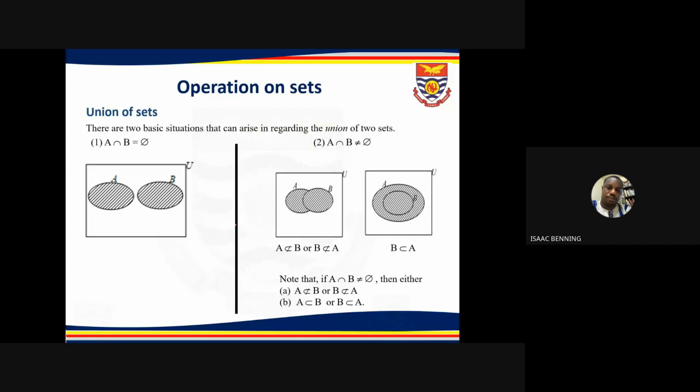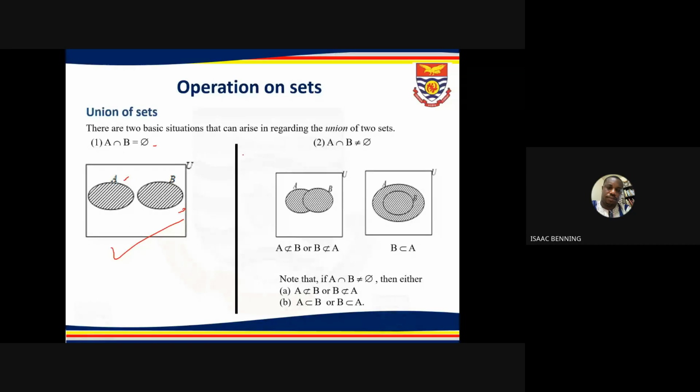Sure. The way I will add is this illustration: when we are finding the union of 2 sets, 2 basic situations can occur. Here we are adding 2 sets. Sometimes their intersection can be empty. It's possible. Do you agree with me? So this is the union of sets whereby their intersection is empty.